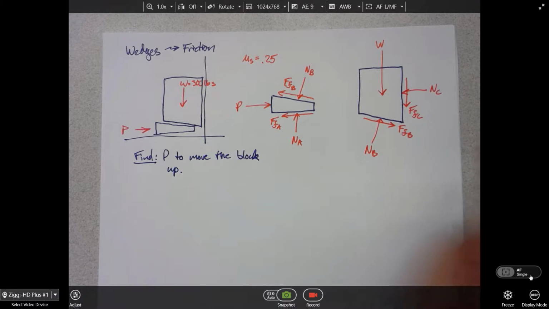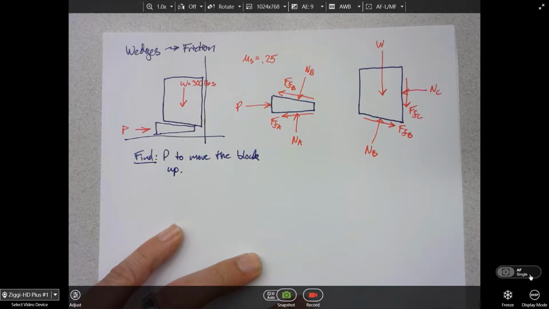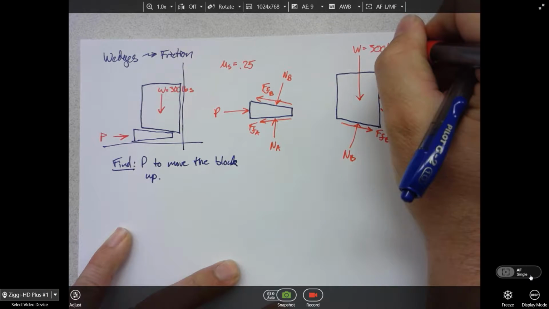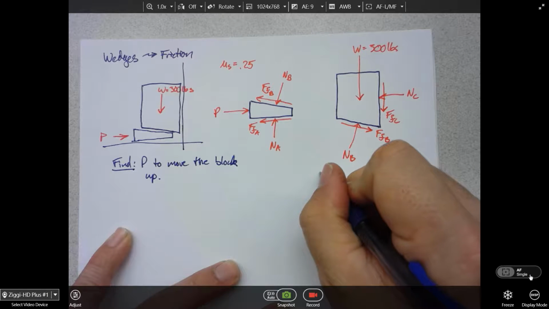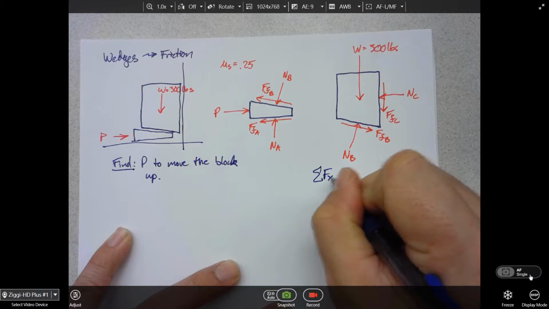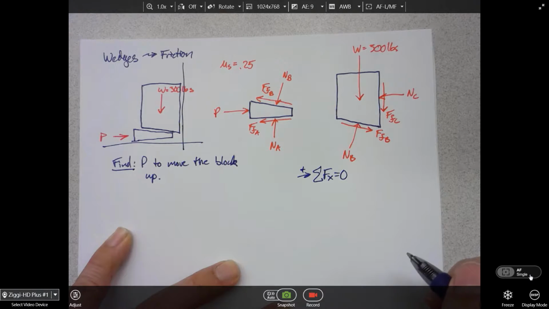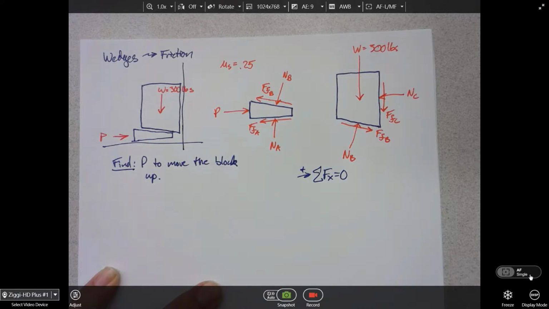So let's write some equations here. We know that the weight here is going to be 300 pounds. So let's see what we know. If we sum the forces in the x direction and set that equal to 0, I probably need the angle of the wedge, right?